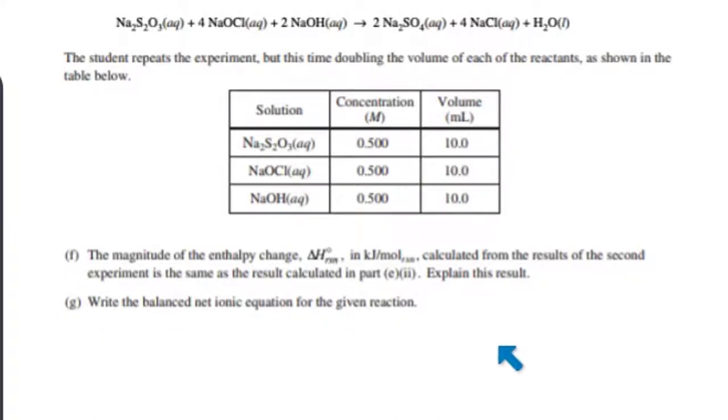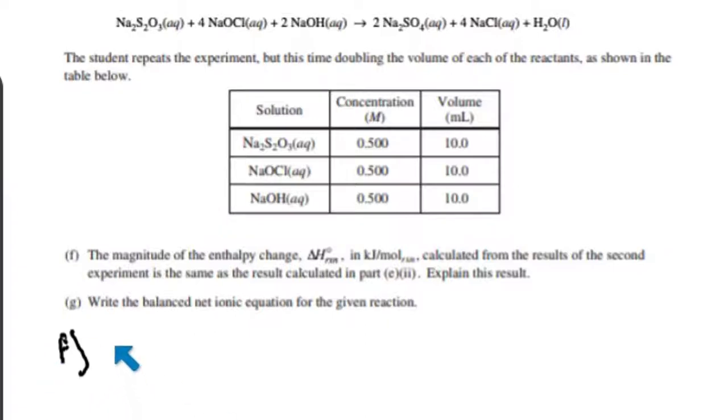So last part of the question, once again, equations up at the top. The student repeats the experiment, but this time doubling the volumes of each of the reactants as shown in the table below. So the magnitude of enthalpy change in kilojoules per mole reaction calculated from the results of the second experiment is the same as the result calculated in part E, number 2. Explain this result. Why are they the same?